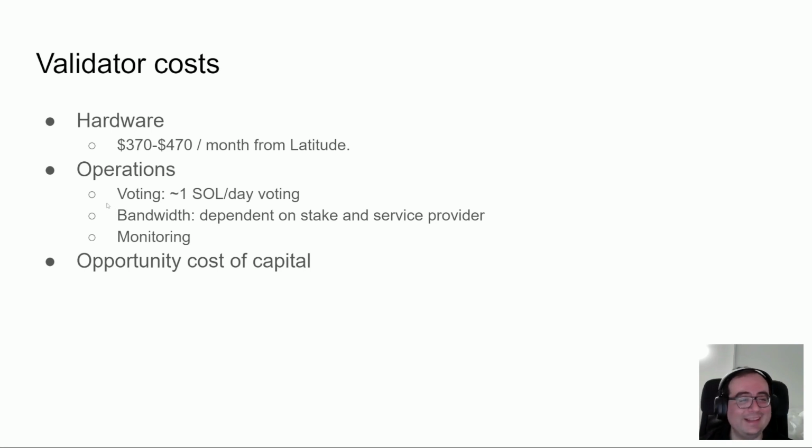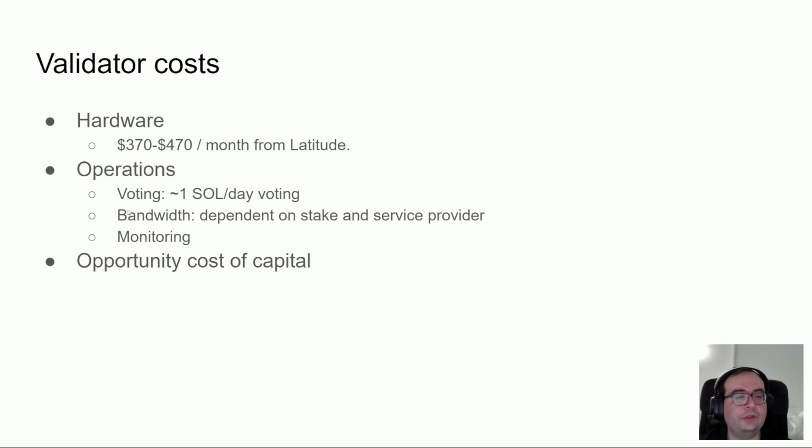You have voting transactions, and this amounts to around 1 SOL per day that you need to pay. And then you will need to pay for bandwidth, and this depends on the service provider. Some are much cheaper than others. This is typically for the upload bandwidth. This depends also on the stake, because validators with a higher stake will be more involved in Turbine and will do more work.